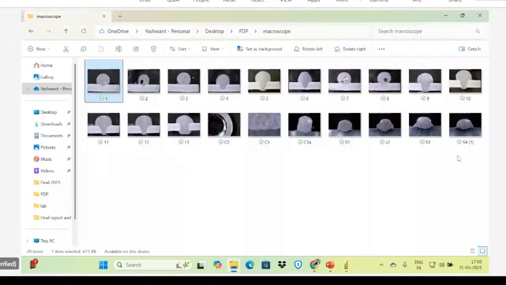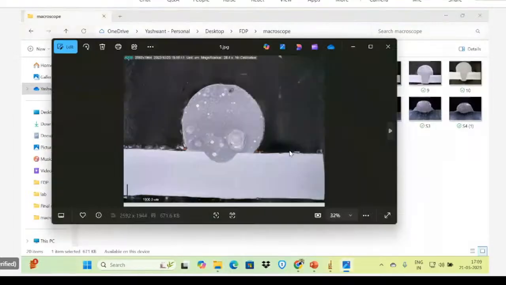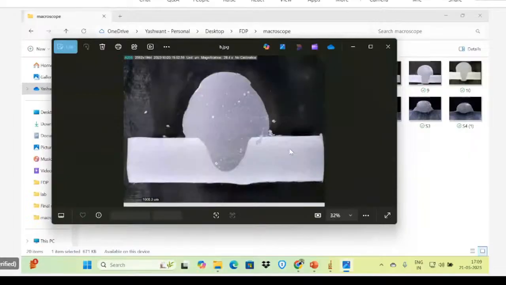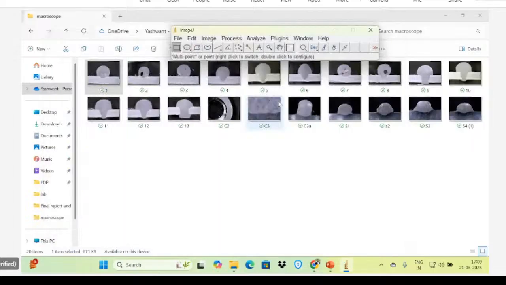This is the cross sectional part of the bead, and if I change it, you can see the bead, the penetration area, and the substrate material also. So how to analyze these things? That is done by image software, and how we can mark all the things in this. I will show you one image in this.